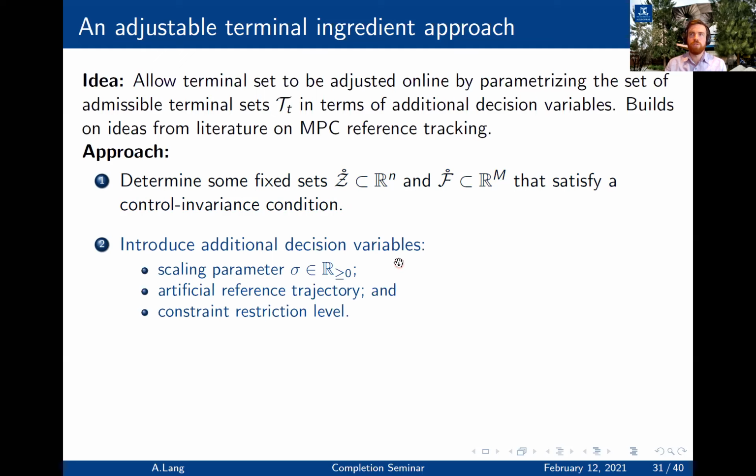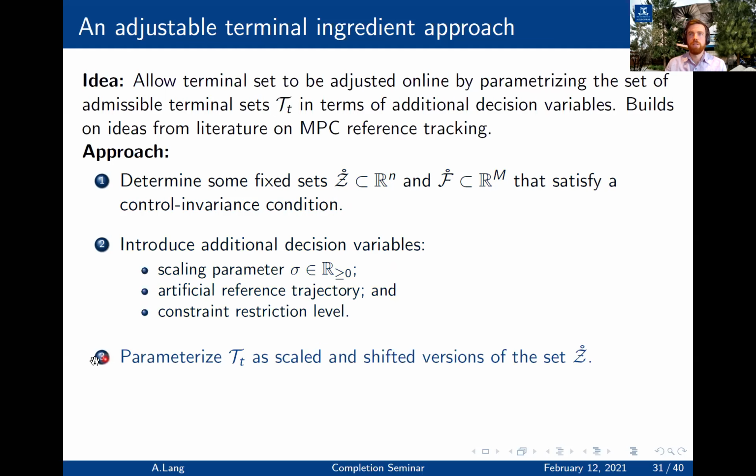We then introduce some additional decision variables: a non-negative scaling parameter sigma, an artificial reference trajectory, and a constraint restriction level. And then third, we parameterize the set of admissible terminal sets TT as scaled and shifted versions of this static set ZO, where the scaling is with reference to the scaling parameter and the shifts are the end of horizon points along this artificial reference trajectory.